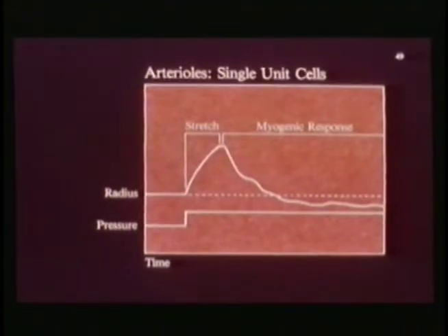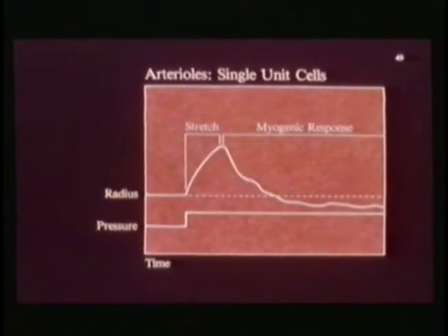In contrast, in small arterioles that possess single-unit smooth muscle, an increase in distending pressure is more likely to induce the myogenic response. In some vessels, this response may be so marked that the radius of the vessel actually falls below its initial size. This is important in the myogenic mechanism for control of blood flow.